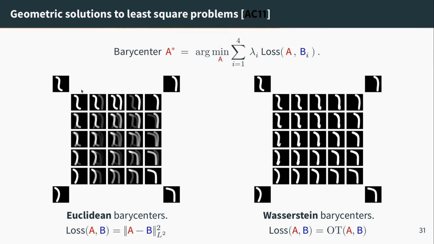So here I'm showing you what happens when B1 is this distribution, B2 this one, B3, B4. Here, black means no mass, and white means that there is mass. And here, those are the barycenters, the Fisher means, when the loss function is a kernel norm.